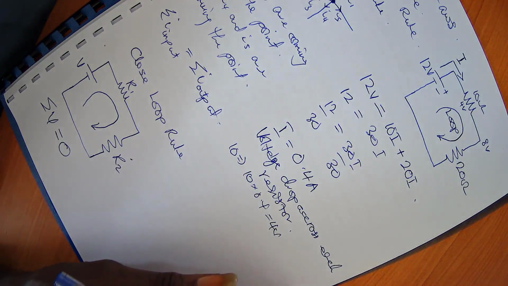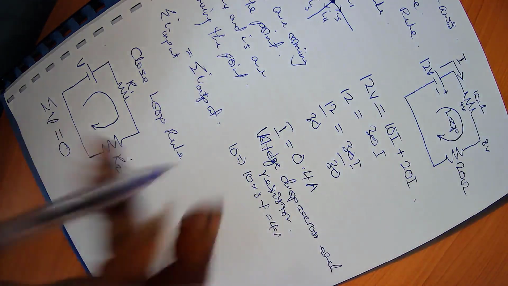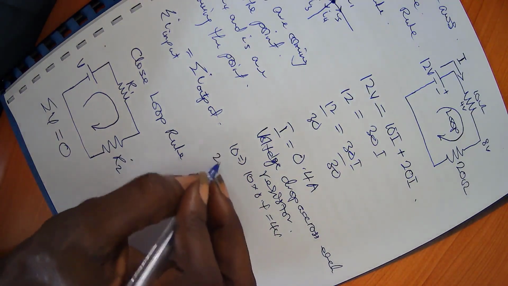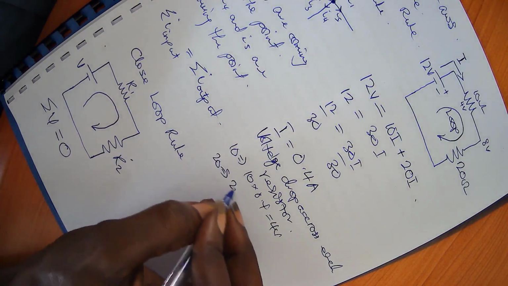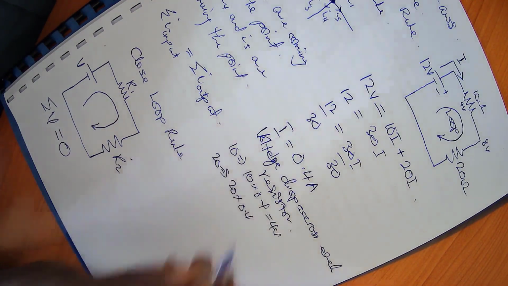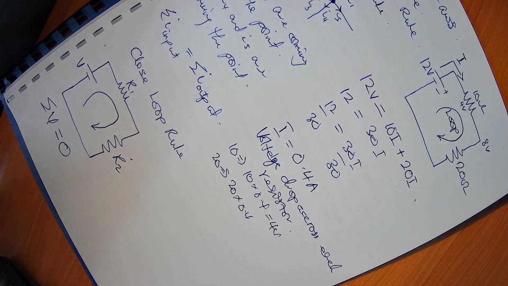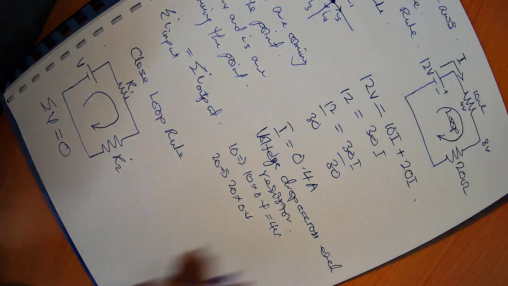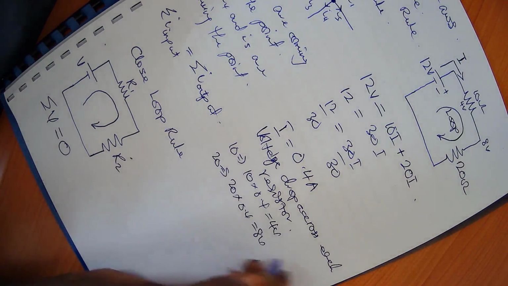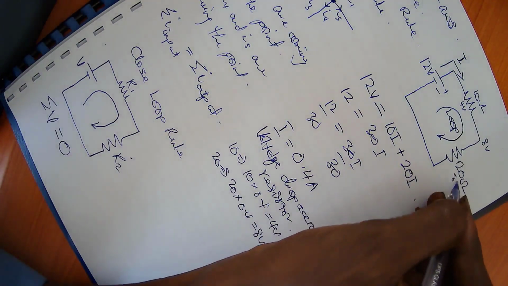Now let's calculate the voltage drop across the 20 ohm resistor. It is going to be 8 volts.